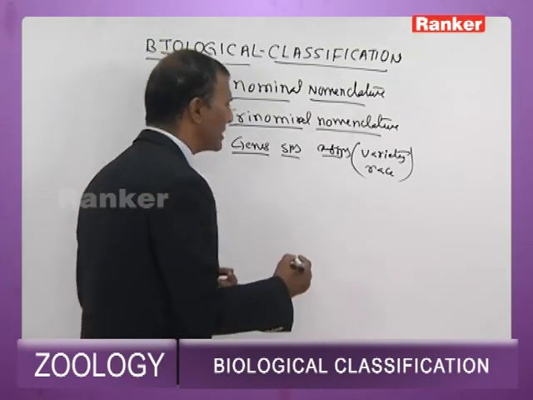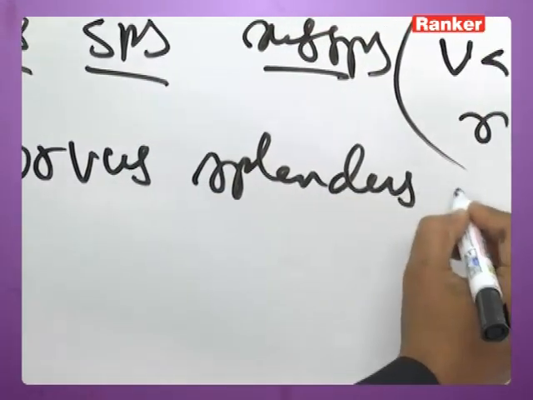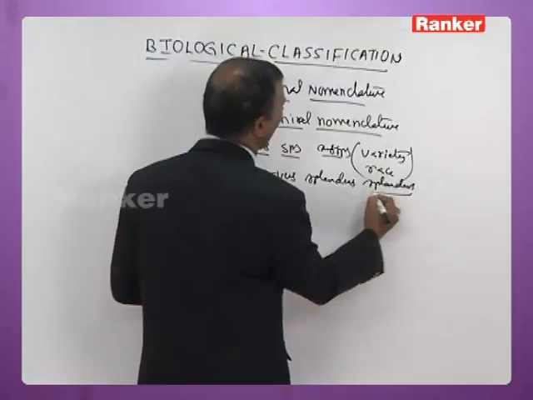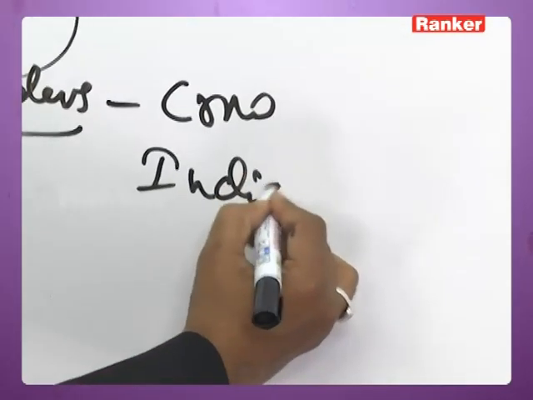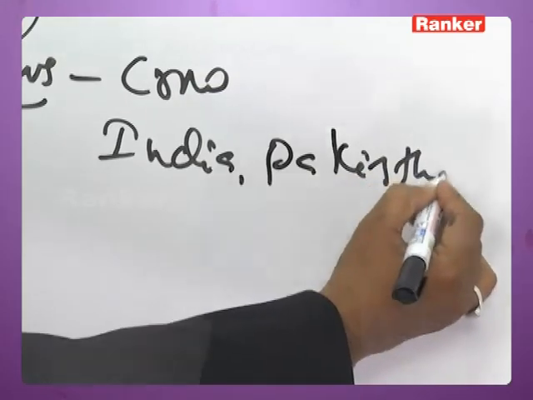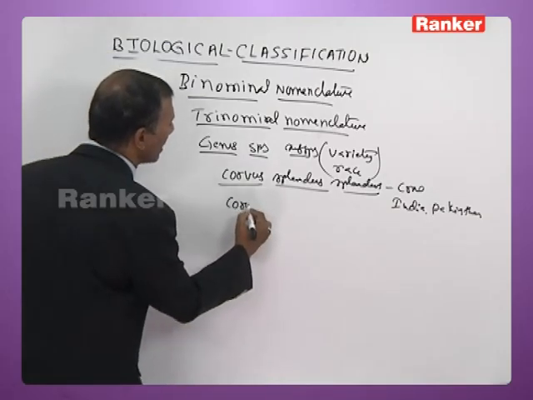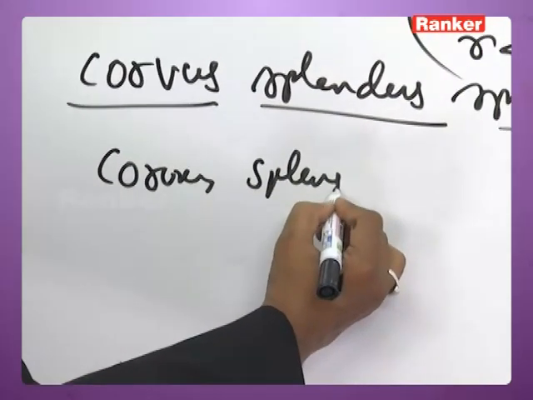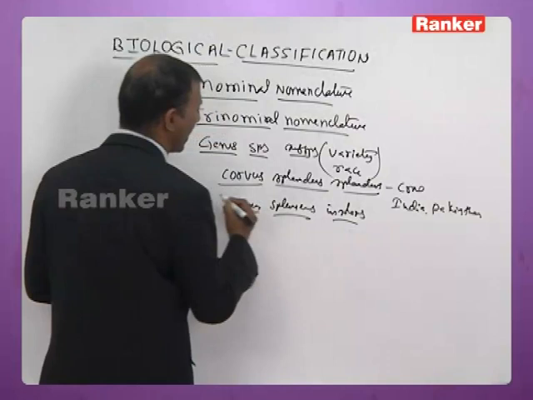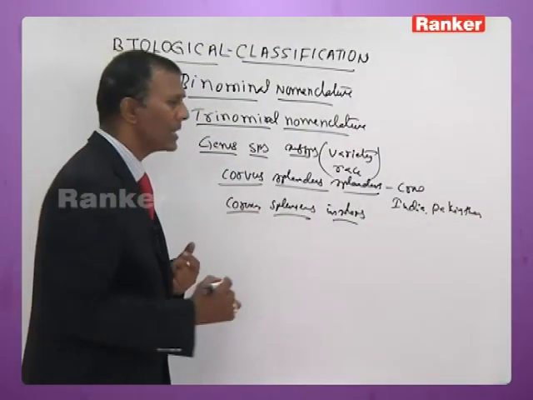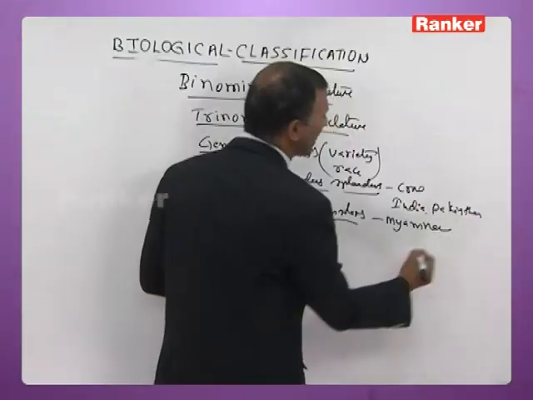I shall give you the best example here. Corvus splendens is the crow that lives in India and Pakistan, where we have genus, species and subspecies. Then another example, Corvus splendens insolens, is the crow that lives in Myanmar.